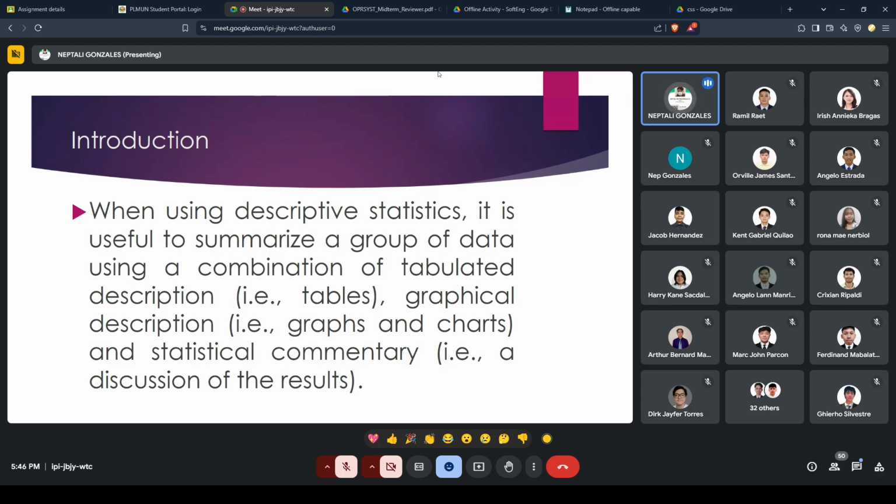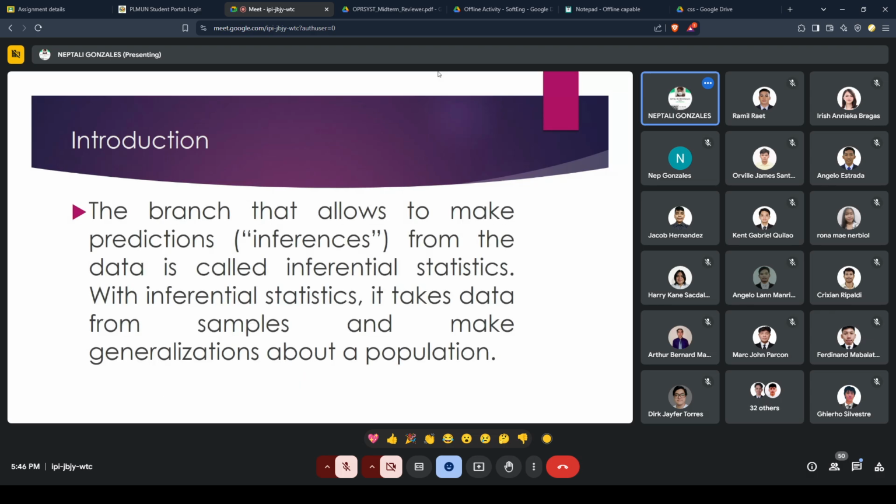Graphical description, that is using graphs and charts, and statistical commentary, that is a discussion of the results. Actually, these 3 are the 3 ways of presenting the data: by tabular, by graphical, and by narrative or textual presentation.